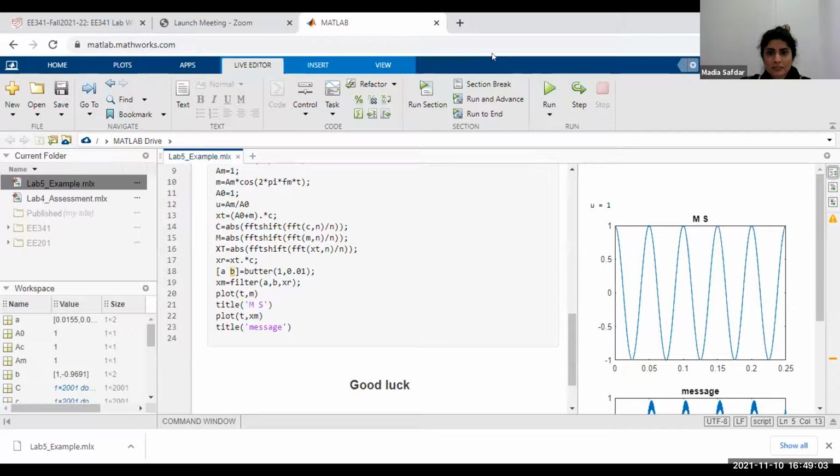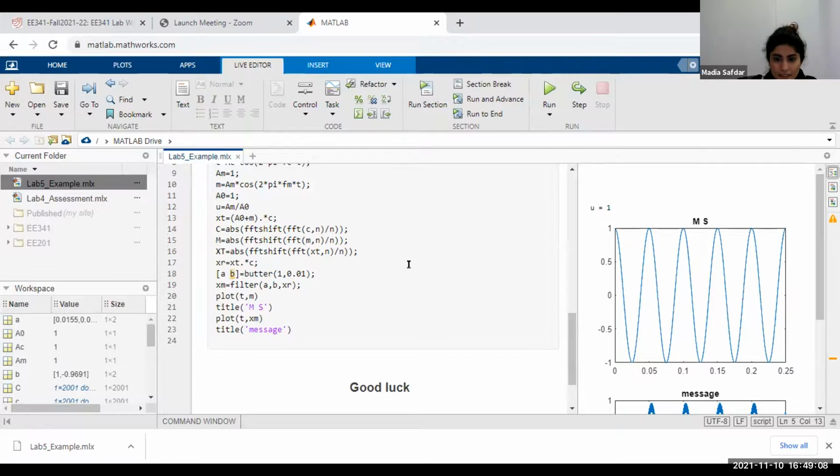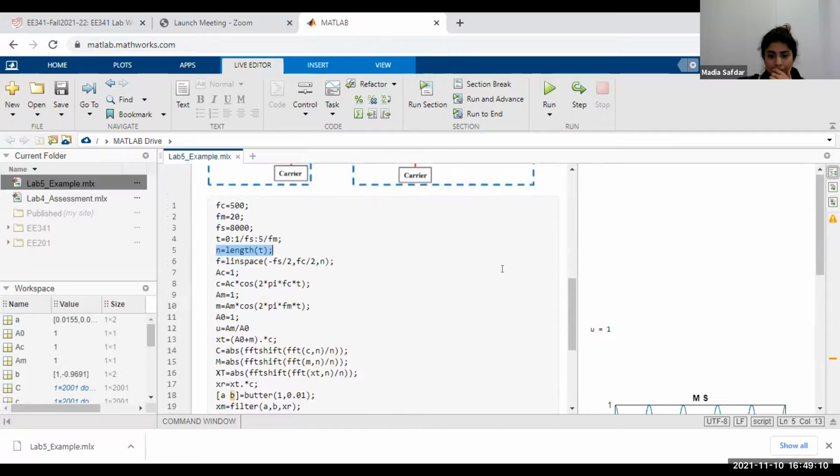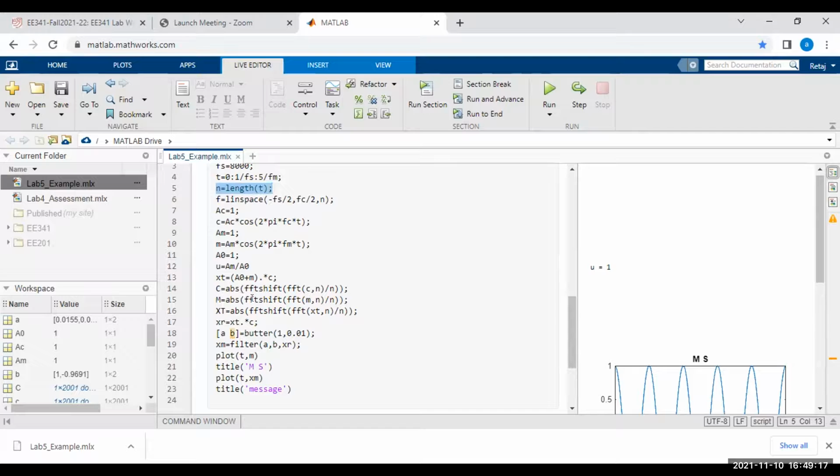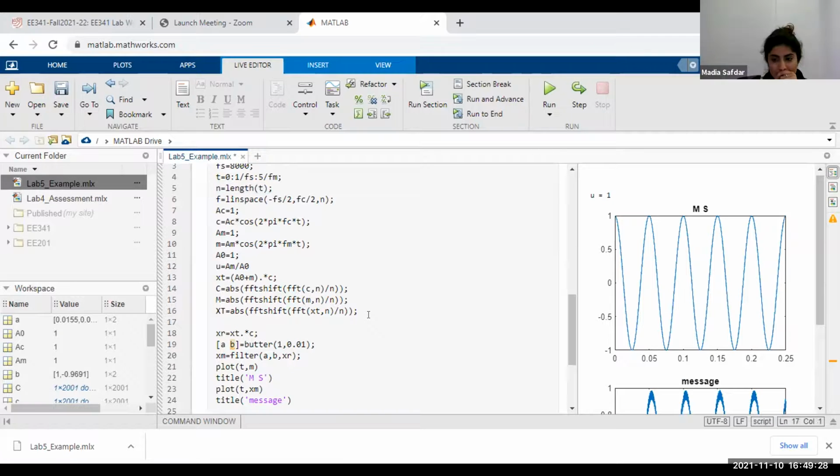Ritaj, where is the carrier? There's something missing, you mean? Yes. Okay, I'll check again. Yeah, something is missing.